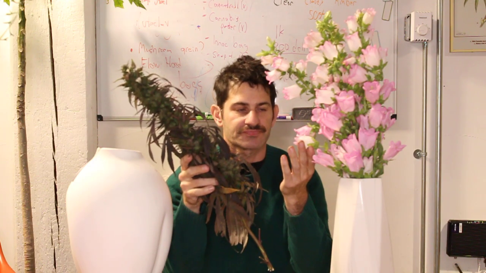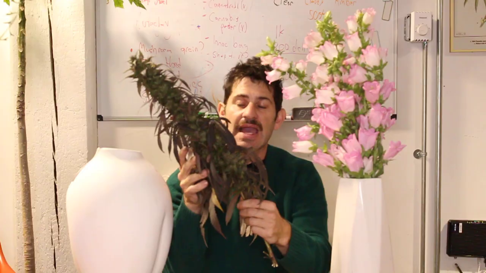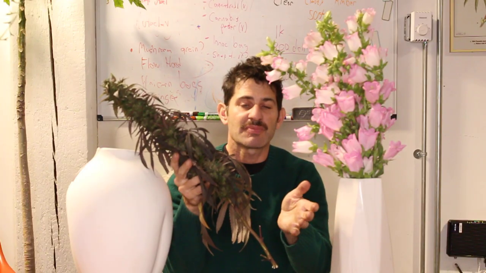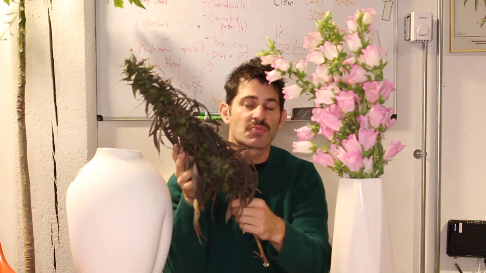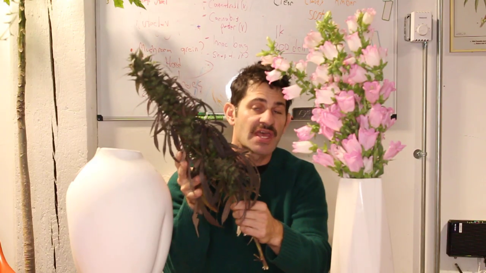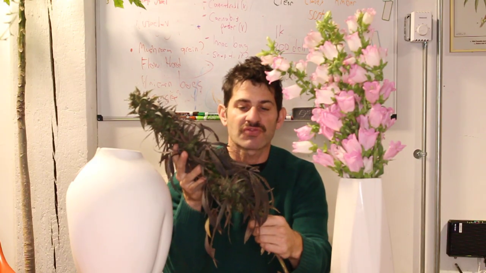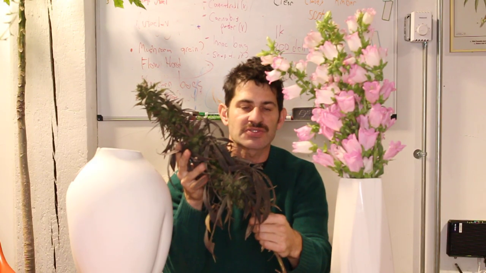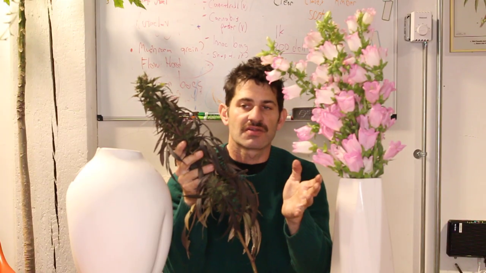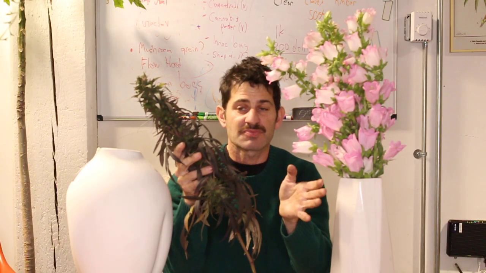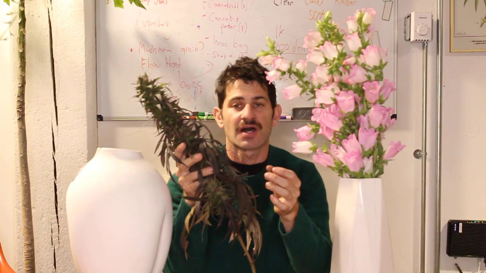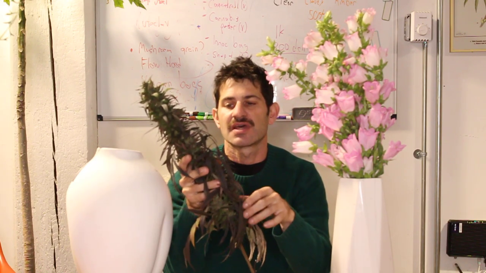One of the main differences, unlike a flower that has a pistil and a stamen, is that cannabis has male and female plants. One plant might produce male flowers and one plant might produce female flowers. As a result, the pollen from the male has to be transferred to the pistil and ovule of the female to produce seeds.